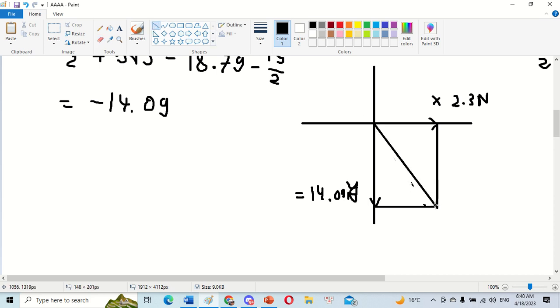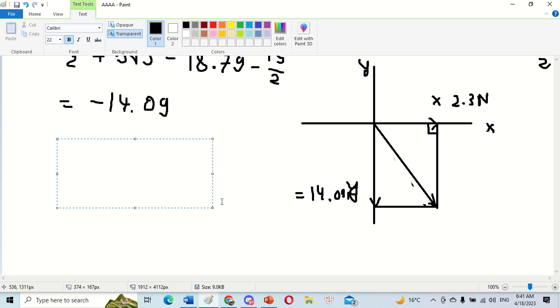So they will go in here. So this is the vector we need to find. So we know that the value of this one is the same as this one in here. So this is a right triangle. We want to find this one. We can use the Pythagorean theorem.